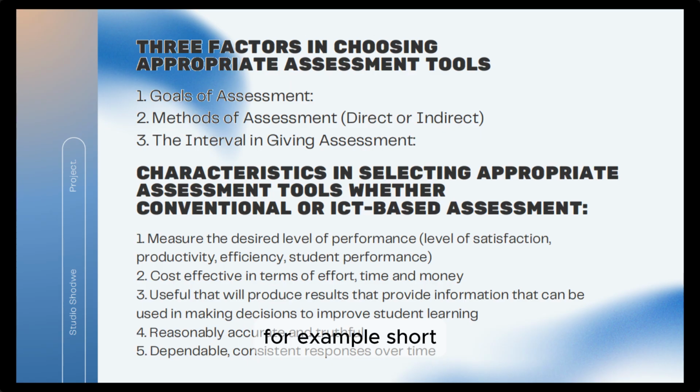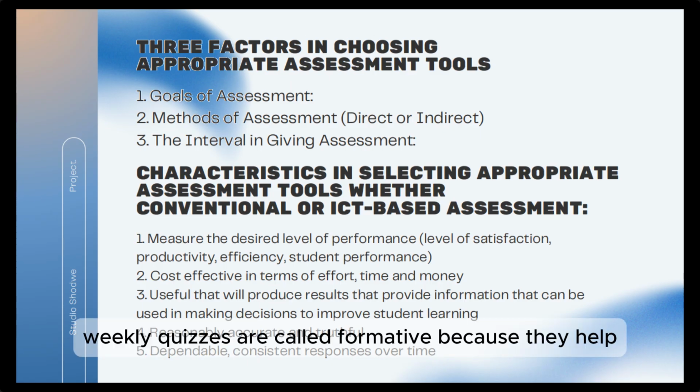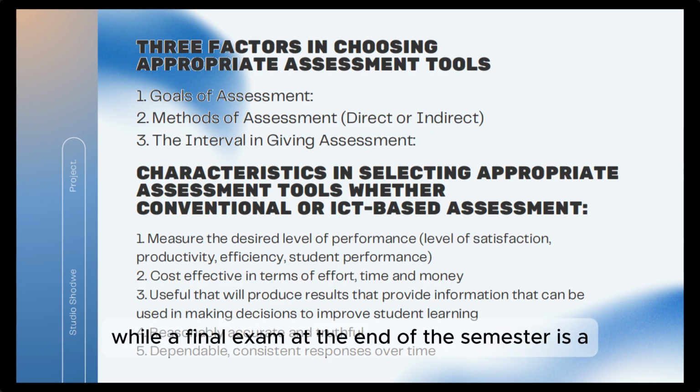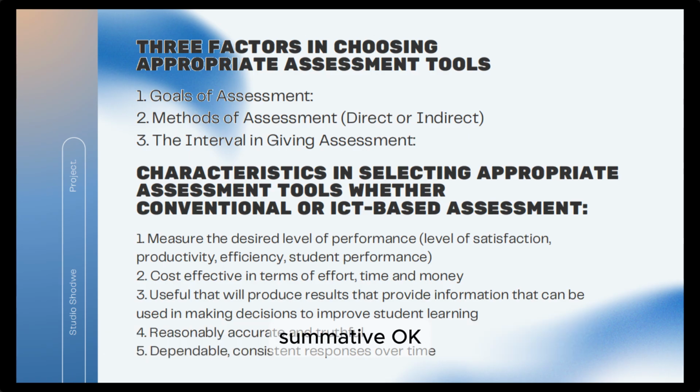For example, short weekly quizzes are called formative because they help track progress, while a final exam at the end of the semester is summative. Okay? Teachers must balance these intervals so students are not overwhelmed but still receive continuous feedback.